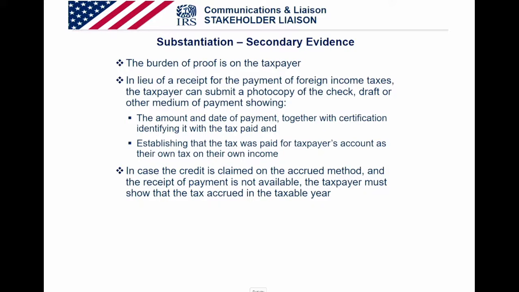In case the credit is claimed on an accrued method and the receipt of payment is not available, the taxpayer must show that the tax is accrued in the tax year.